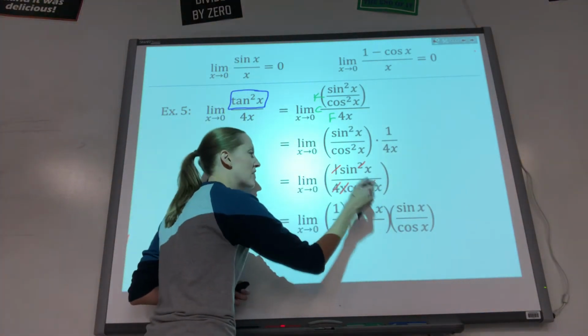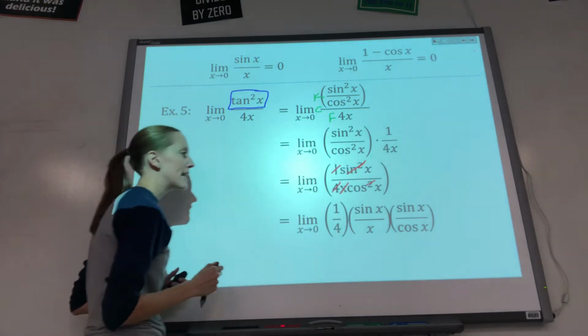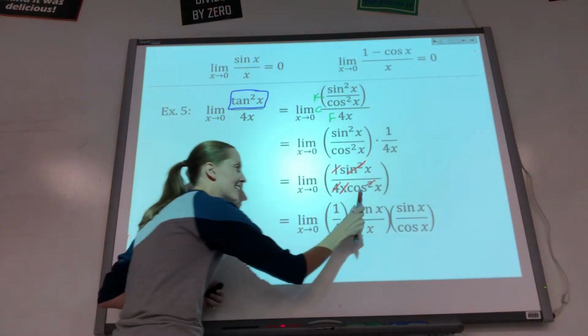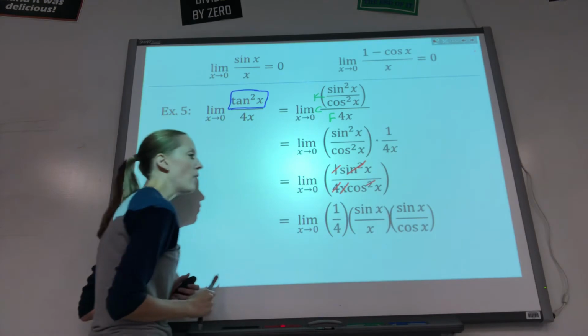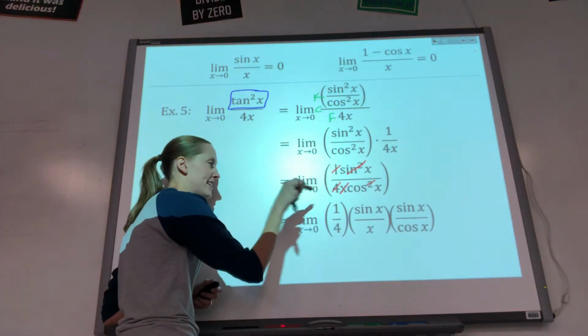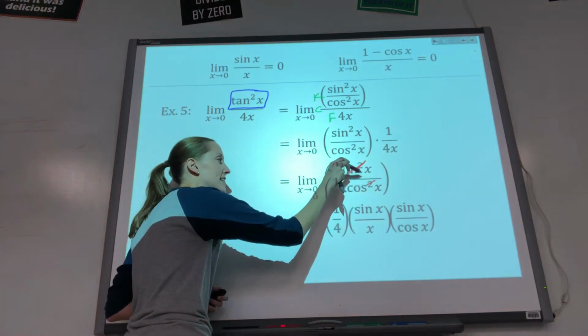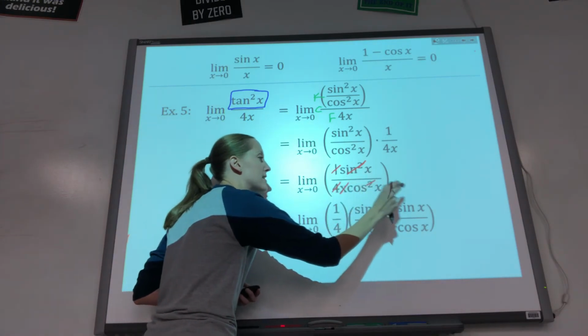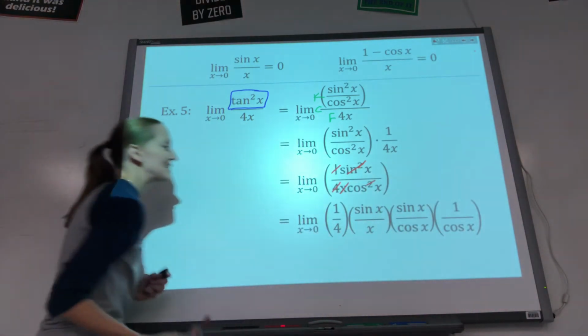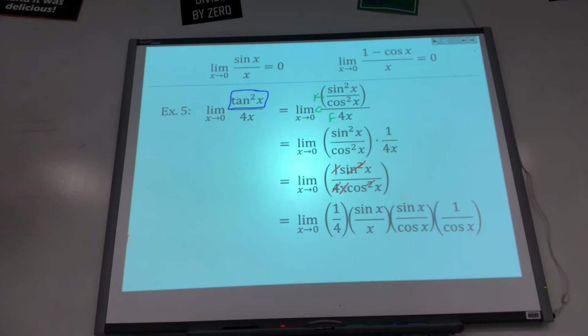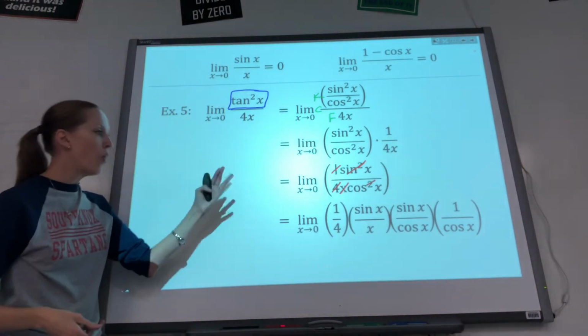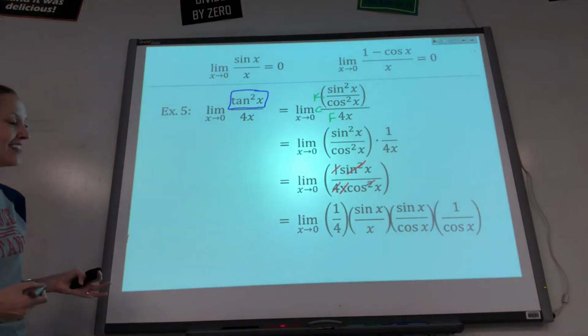And then I've gotten rid of all of my sines now. The only thing that I have left in this is a cosine of x on bottom. So my last little part here would just be 1 over cosine of x.